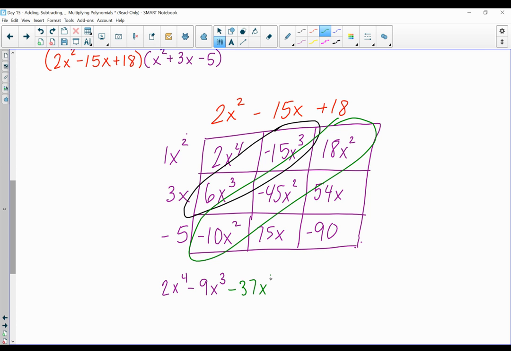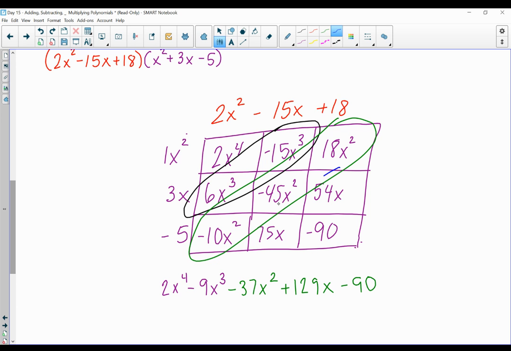All right, so then I get 75 plus 54, and that's going to give me plus 129x, and then finally I have my constant negative 90.